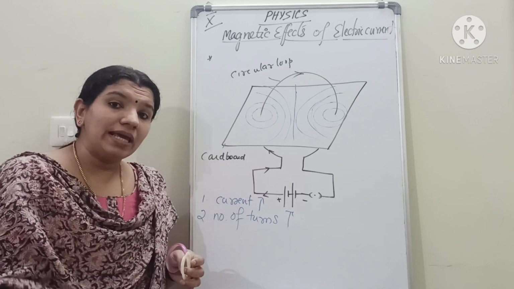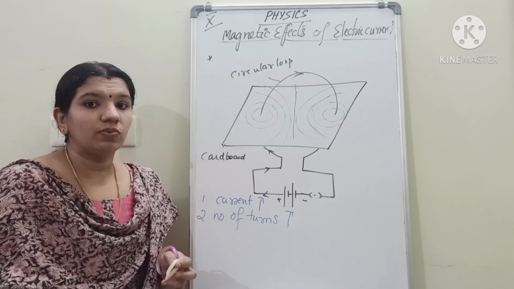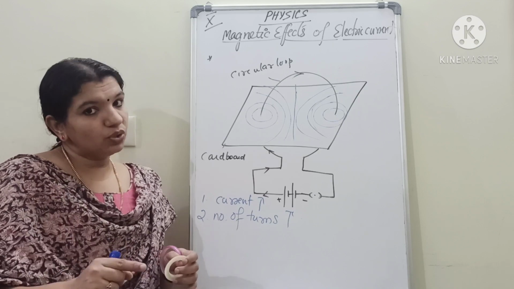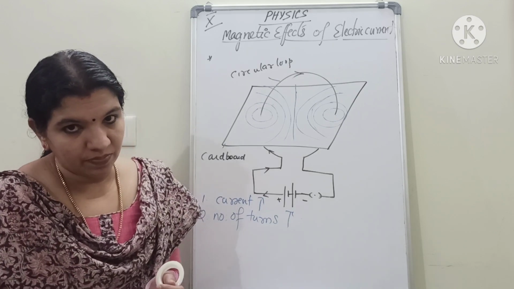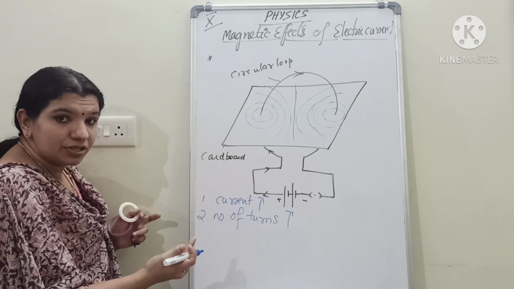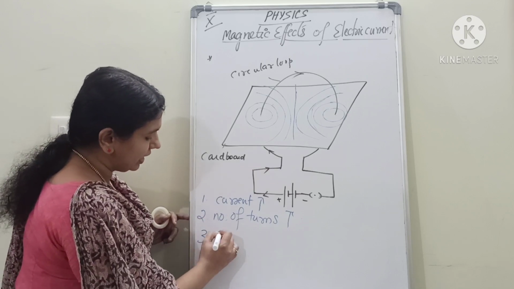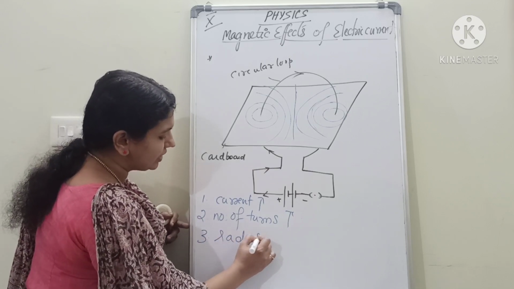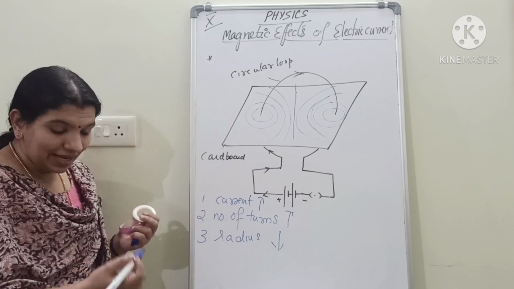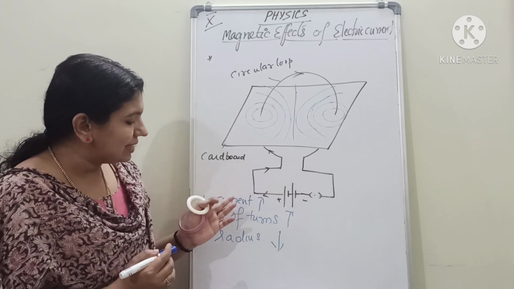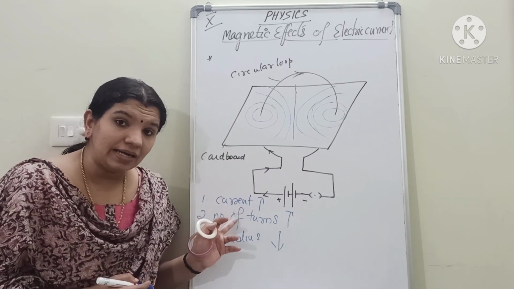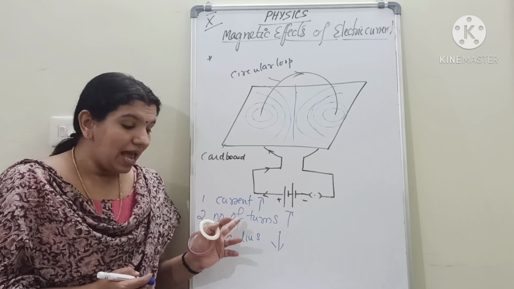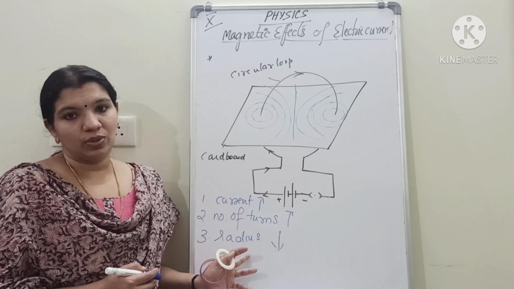So, in order to increase the strength of magnetic field, I have to decrease the radius. The radius of the coil should be decreased. So, I can say that the magnetic field is directly proportional to current as well as the number of turns, and it is inversely proportional to radius.